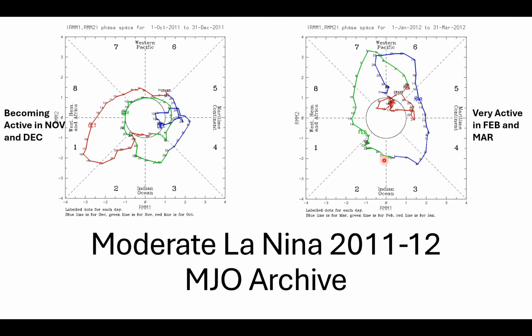The blue line is March, so it stayed very active. Look at the blue line, how far away from the small inner circle it is, into phase 3 in early March, and then it just rotated right up, stronger phase 4, 5, 6, and wrapped around again. So this was a very active MJO in the moderate La Nina winter of 2011-2012, specifically in February and March.